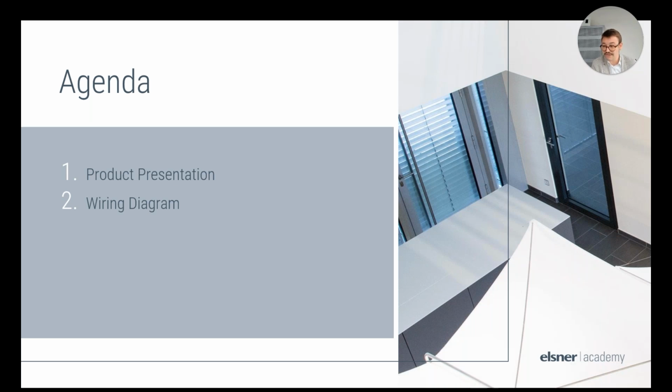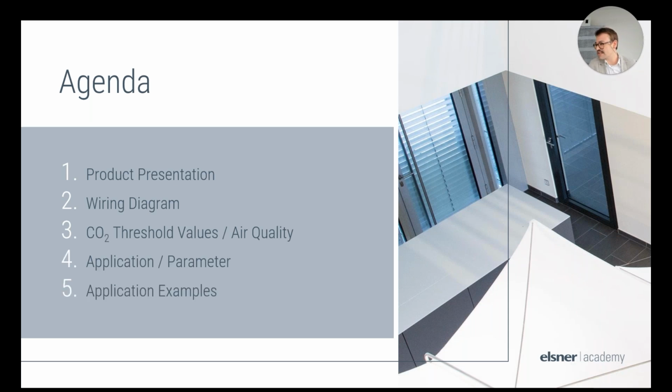Then we'll have a very quick look into the ETS file. I will just share some screenshots of the ETS application of our newest product. Next up, the part I'm very much looking forward to: the application examples and use cases of the newest product. This is basically what we will discuss in the next 15 to 20 minutes.